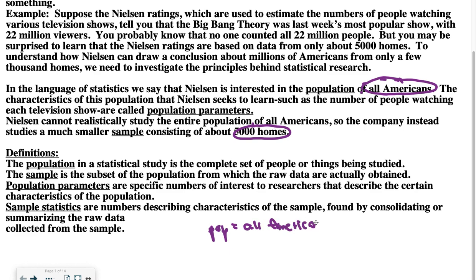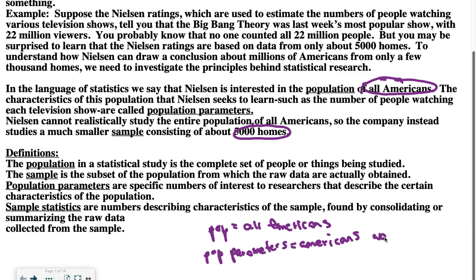In this example, the population is all Americans. The population parameter is what we're interested in. So of all the Americans, how many of them will watch each television show?